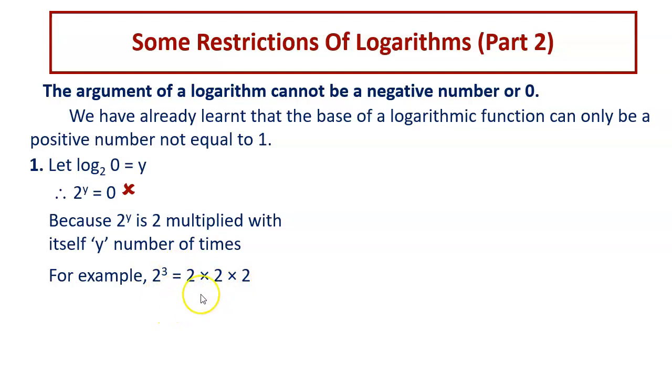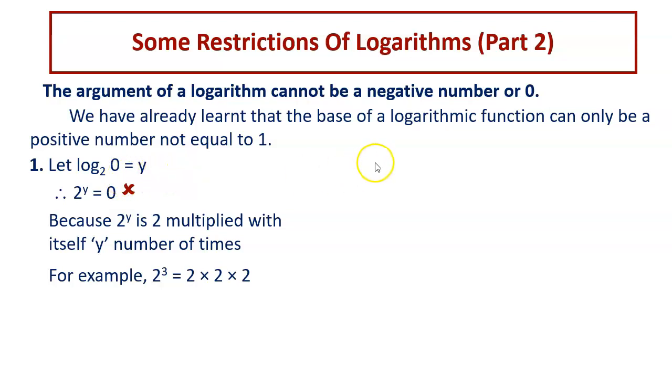So it is just repeated multiplication, and no matter how many times you multiply 2 with itself, you will never get a product of 0. It is not only about 2. You take any positive number and go on multiplying that number with itself any number of times, and you will never get a product of 0. So therefore you cannot have 0 as the argument of a logarithm.